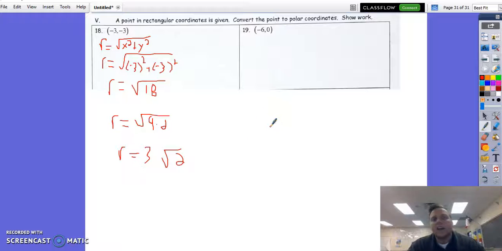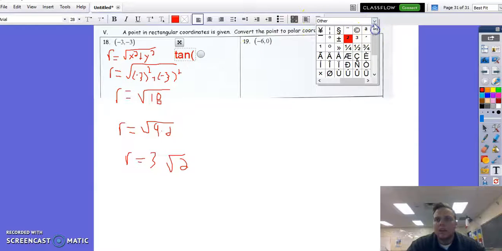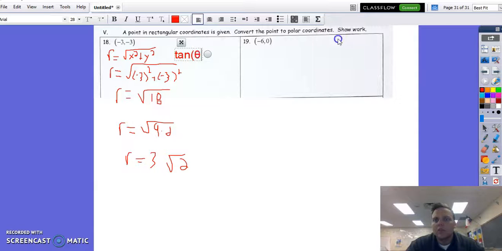Now, to find our theta value, I can say tangent of theta, and I actually can type theta in, under Greek. Tangent of theta is equal to, well, actually, I can make it even easier. The formula tells me I can just say theta is equal to tangent raised to -1 of y divided by x. Okay?